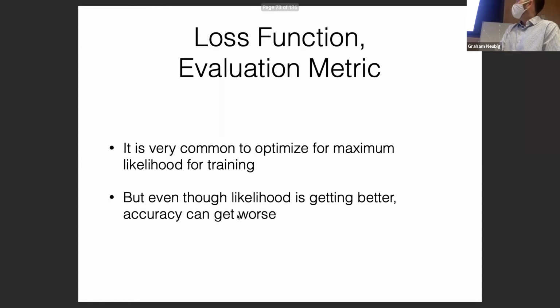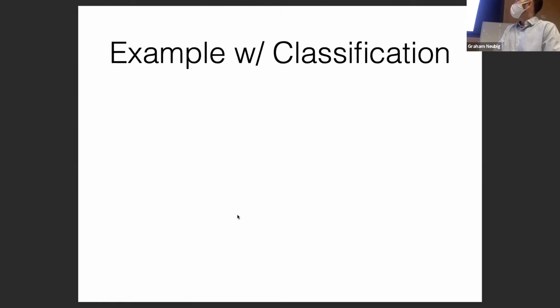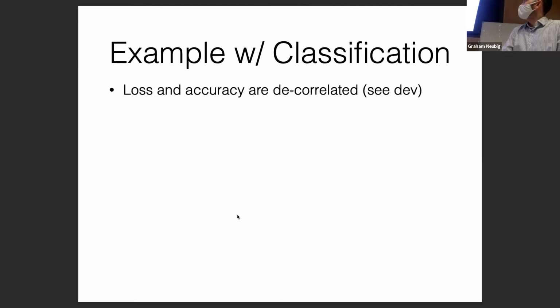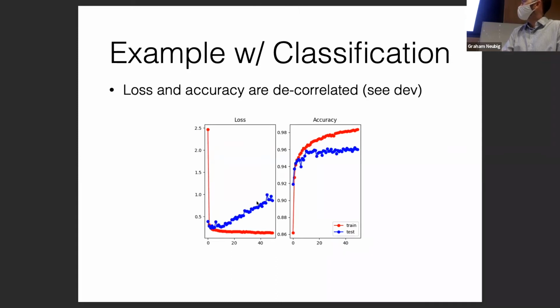However, even though the likelihood is getting better, accuracy can get worse. This is super common. And this is an example from MNIST, which is an image classification data set, but it's one of the simplest possible machine learning problems that exists. And it happens even here, so it's going to happen to your problem. So this is the dev loss and accuracy. Ignore training for a second and look at the dev loss and accuracy.